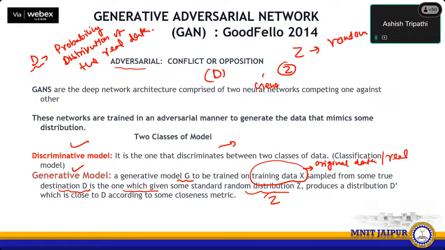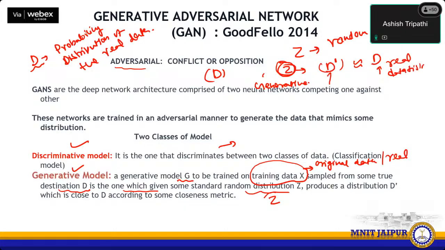What is the task of the generative model? The task of the generative model is to convert this random data distribution to some other data distribution that is called D dash, such that this D dash is very close to D. Capital D is the real data distribution.